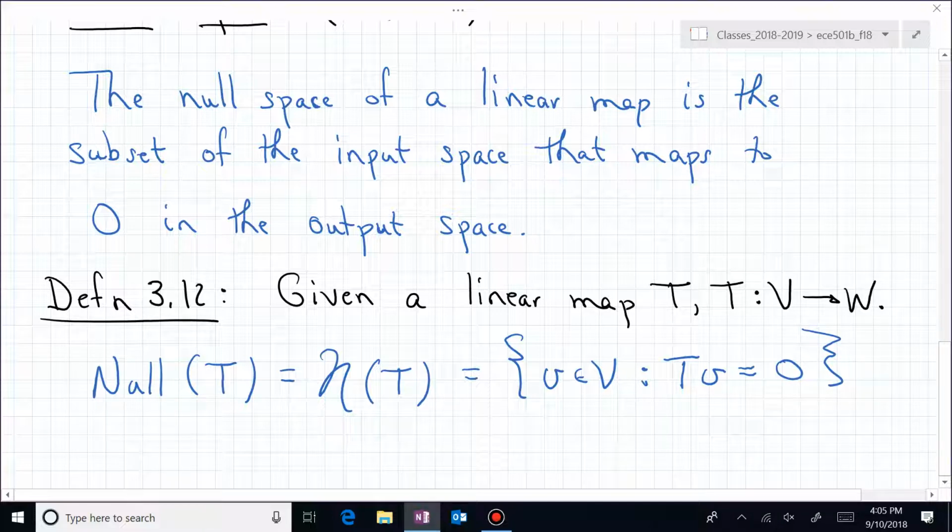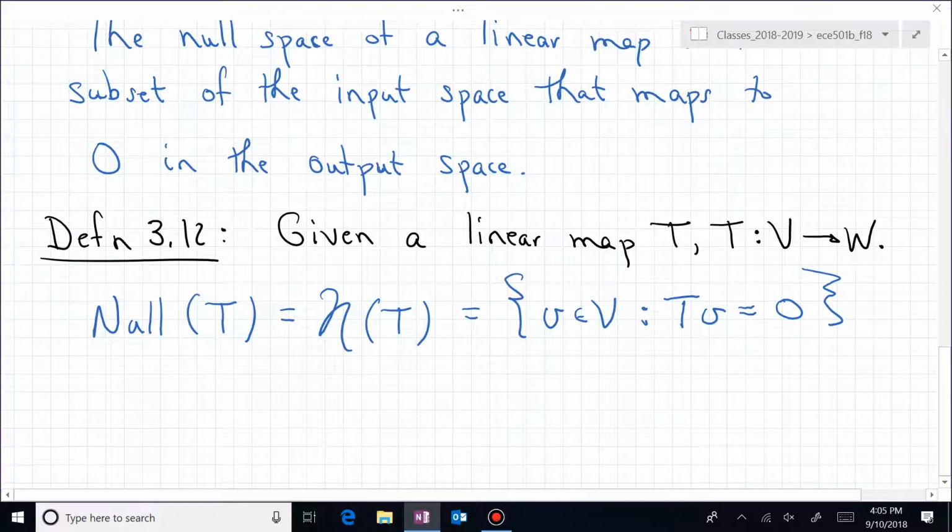So this set of vectors in the input vector space V that map to the 0 vector in the output space, those v's that form this set are the null space of that linear map T.